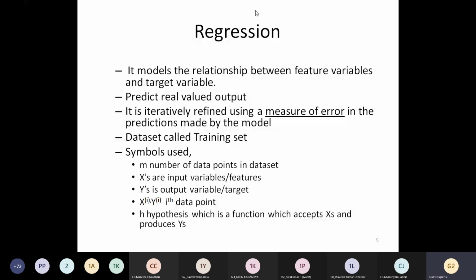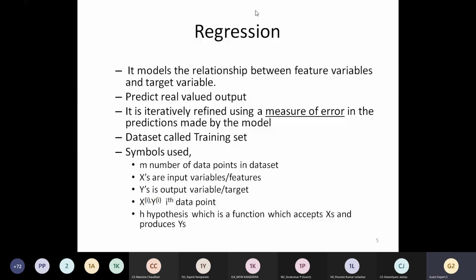So in a regression model, a function of the independent variables is equal to the target variable. That function is modeled, and it is used to predict a real value.